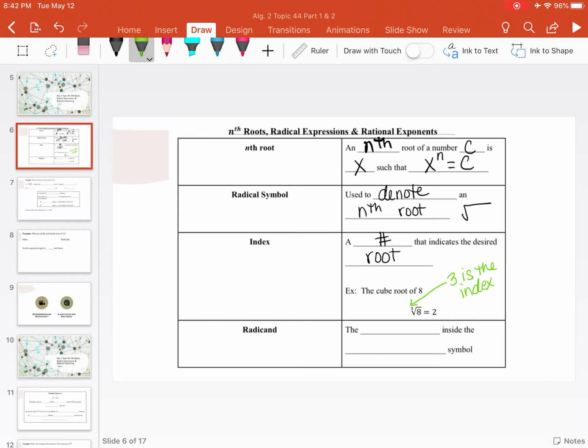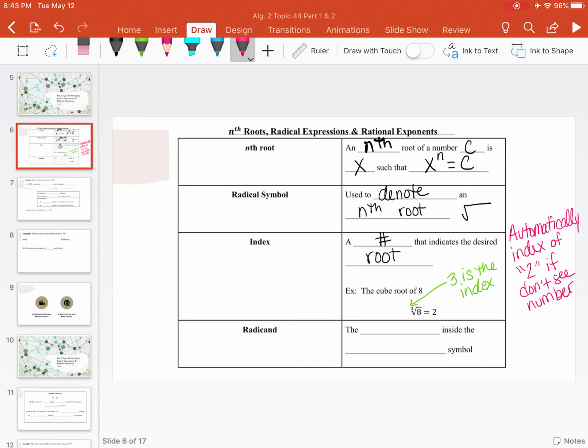Now, sometimes we might not see a number as our index. In that case, it is automatically an index of 2. That's just because if it's an index of 2, that's a square root, and square roots are very common.